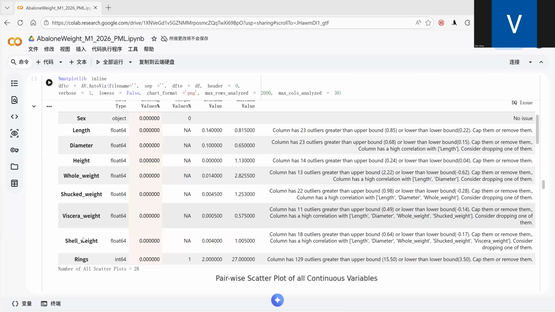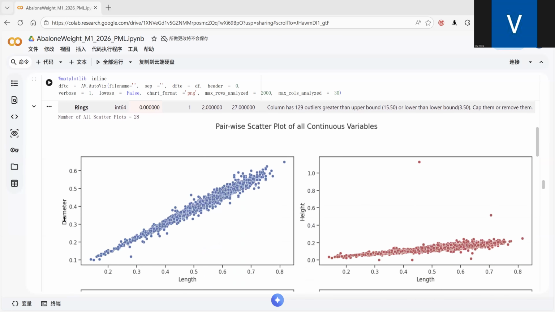Next is here, a scatter plot of all continuous variables.